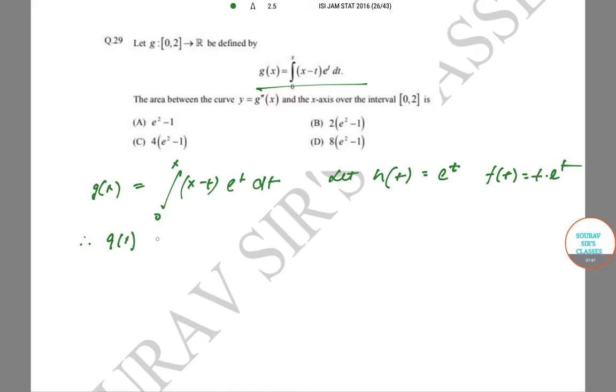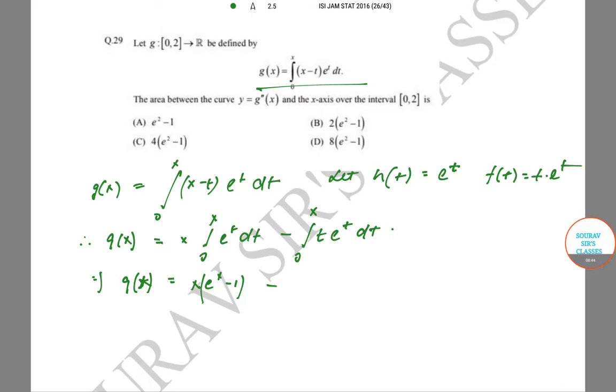Therefore g(x) is equal to x times integral of 0 to x of e to the power t dt minus integral of 0 to x of t e to the power t dt, which just says that g(x) is equal to x times (e to the x minus 1) minus the integral of 0 to x of t e to the power t.